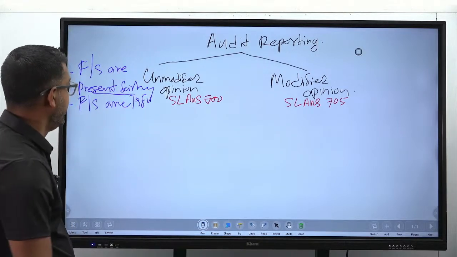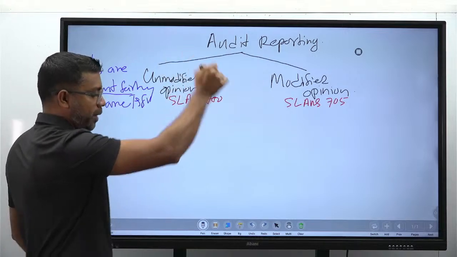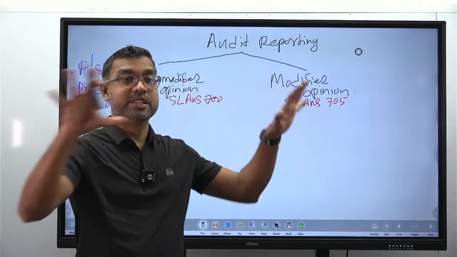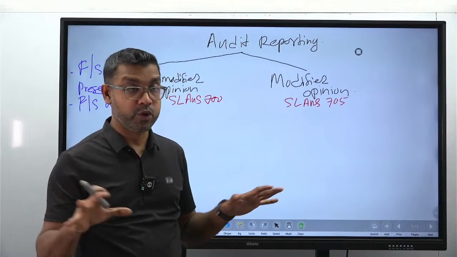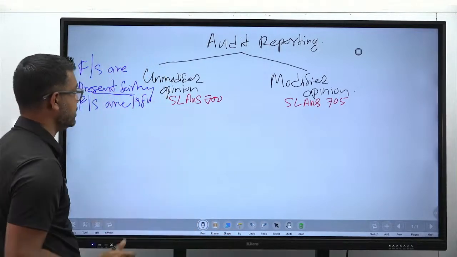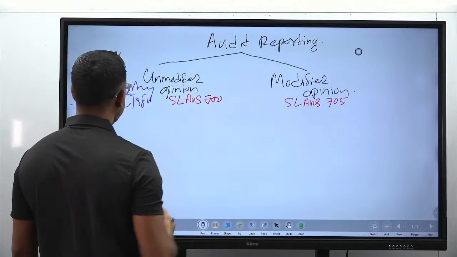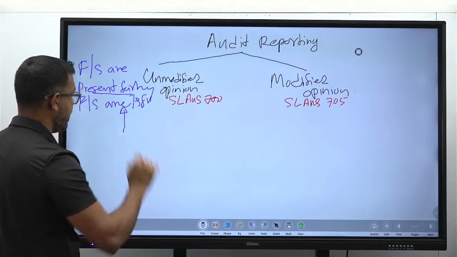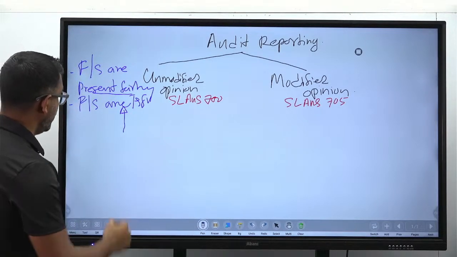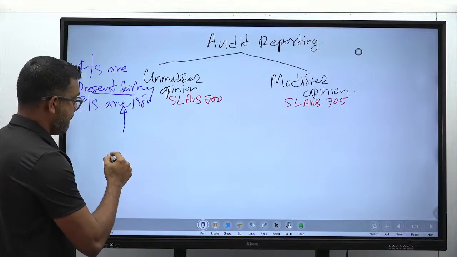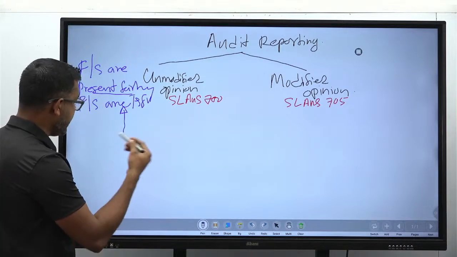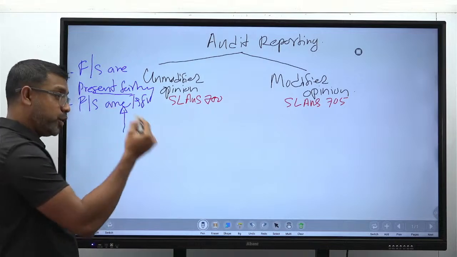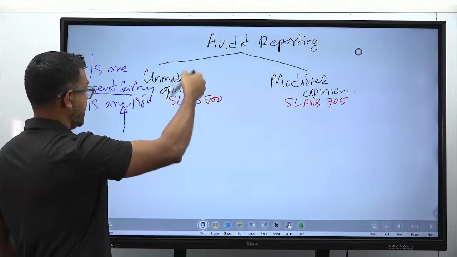For you to deliver an unmodified opinion, you just can't say the financial statements of this client are presented fairly. You have to do some work around this. For you to come up with this opinion, we have to gather sufficient appropriate audit evidence. Before that, you have to plan this audit properly.